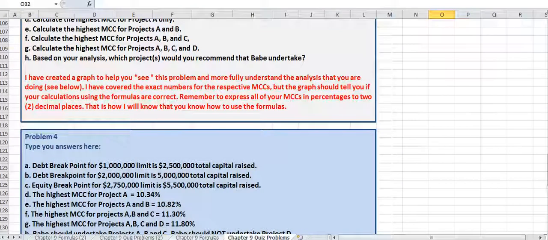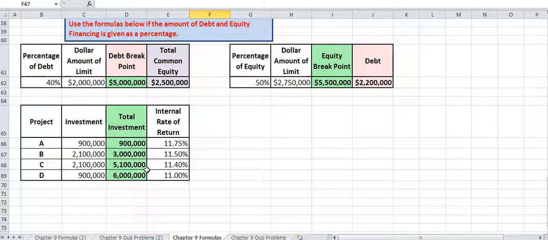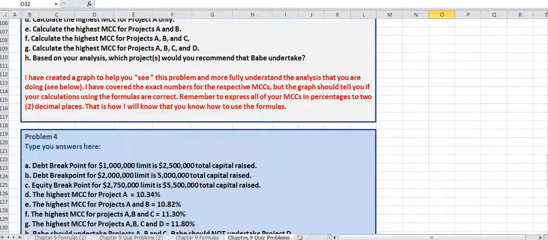Now we want A, B, and C, and the cost there is going to be 5.1 million. So we're still below our equity breakpoint, and we're still just looking at our debt. Since this is going to take us over our second debt breakpoint, over 2 million, we've got to use that higher cost of debt, which in the problem was 15%.